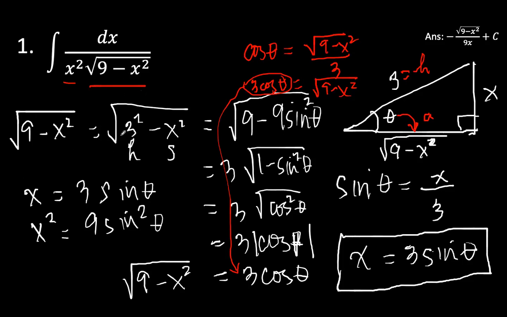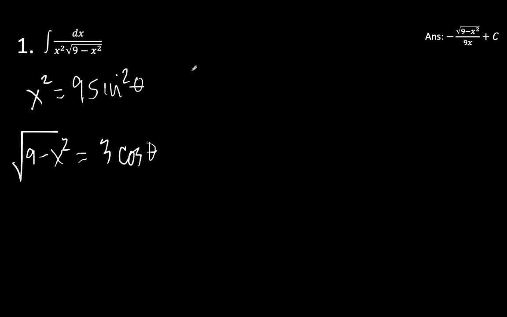Yeah, that's true. Okay, so let's substitute that here. So we have the integral of x squared times the square root of 9 minus x squared with respect to x, which is equal to... okay, now we forgot to get the expression of dx in terms of theta.